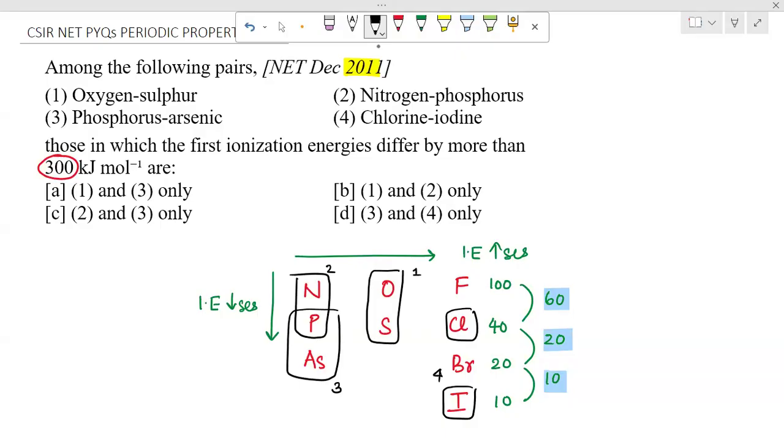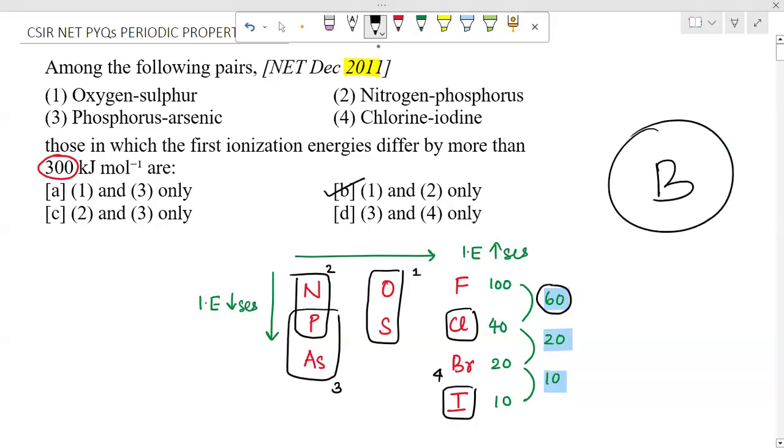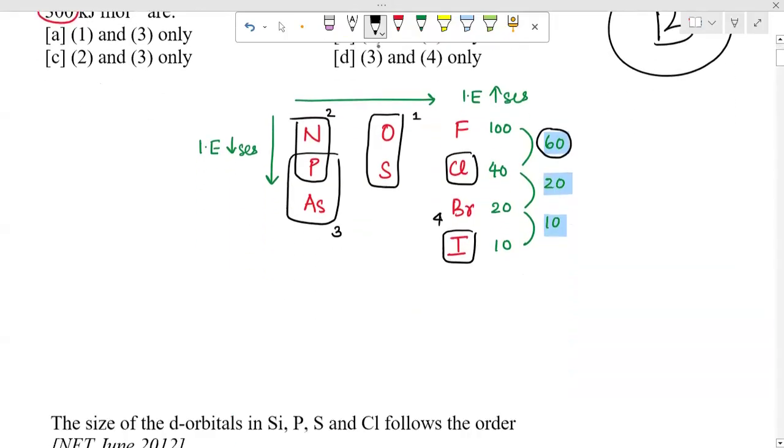Nitrogen and phosphorus is at the top, second and third period. Oxygen and sulfur is also at the top, second and third period. So 1 and 2, that is option B, will have the largest differences of first ionization energies. Gradually, when you move down, the differences in the ionization energies will drop. So this is a trend that you should know for any property.